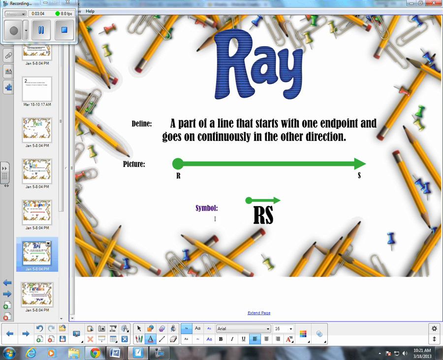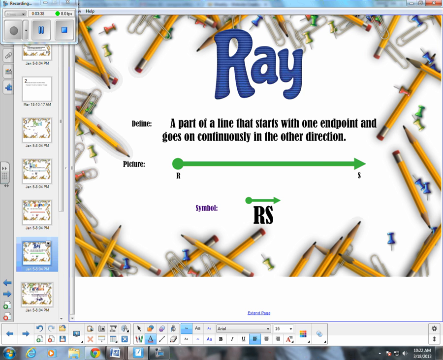The symbol for the ray is to have one point on one end and an arrow on the other, and then you're going to notate that's RS. Now with a ray, the arrow where it's pointing is very important. If the ray was turned the other way, the symbol arrow should go the other way down here. So make sure that you pay attention to which place the arrow is pointing to.